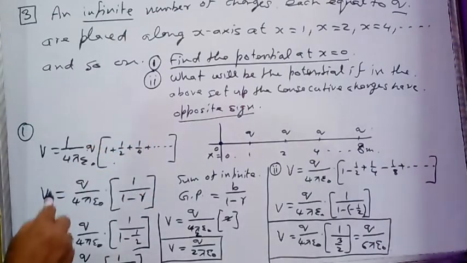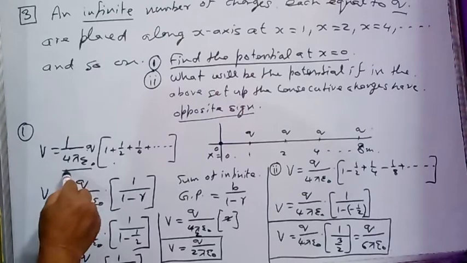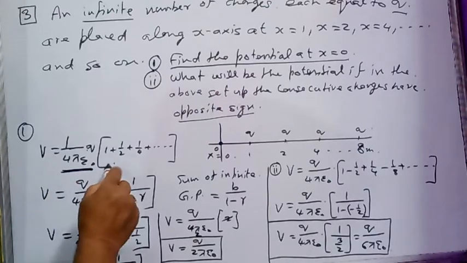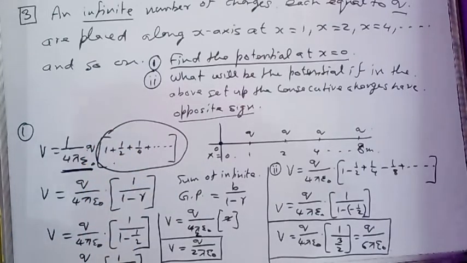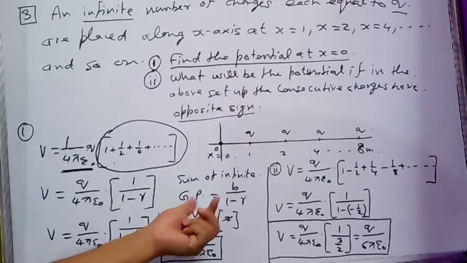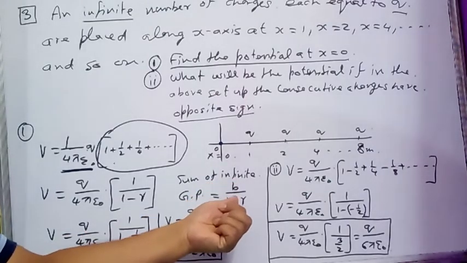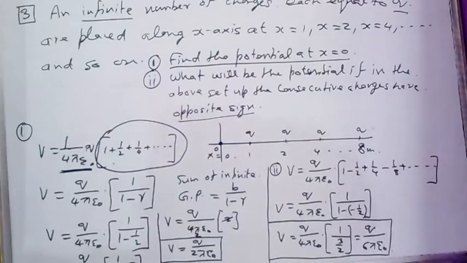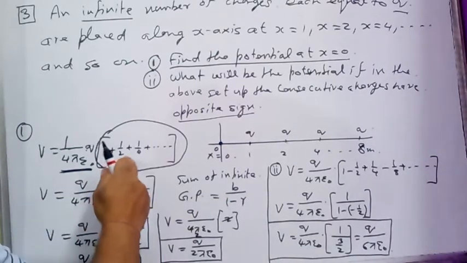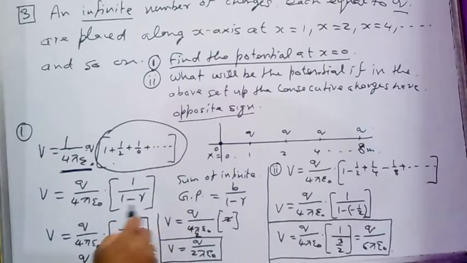After the common part of the answer, we have to find the sum of the infinite GP given in the question. By formula we know the sum of the infinite GP is equal to B divided by 1 minus R, where B is the first term of the GP and R is the common ratio. So what is the common ratio of this GP? Common ratio of the GP is 1 by 2.